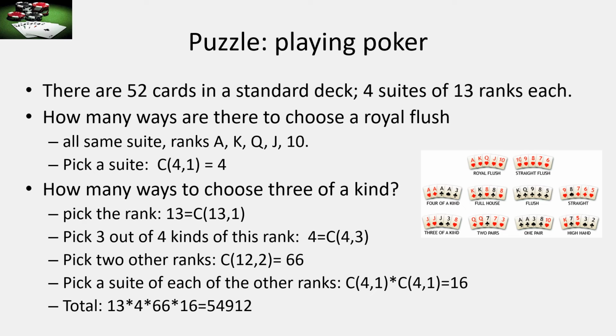And we end up with on the order of about 55,000 possibilities. Sounds like a lot. Sounds like a lot more than getting a royal flush.